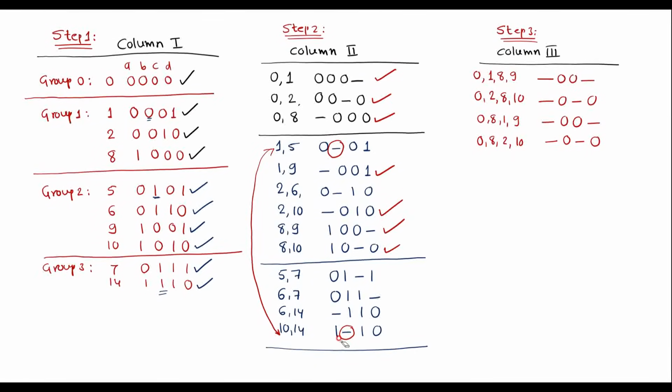We need not consider it because it differs by 2 bits. Similarly, now I will try to compare 1, 9. Here the MSB is dash, here the MSB is dash, but 1, 5, 1, 9 and 6, 14 differ by 3 bits. So we will ignore this.